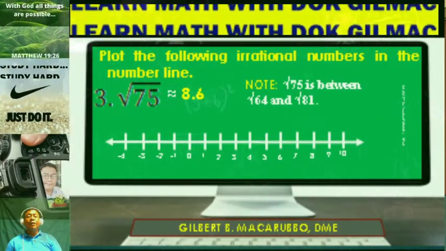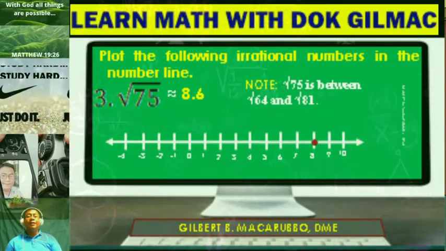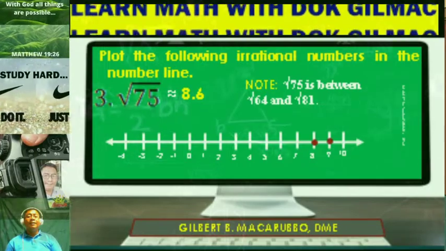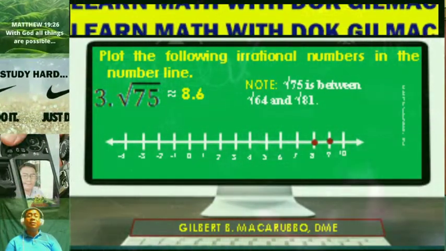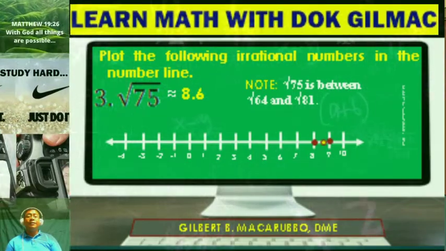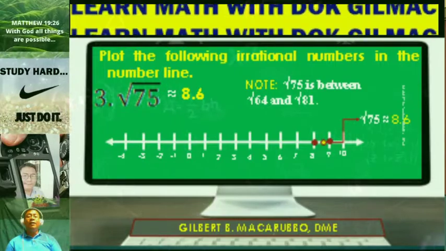So the first thing we're going to plot here is square root of 64, which is 8. Square root of 81 is 9. 8.6 is just between 8 and 9, so we have here 8.6, which is square root of 75.